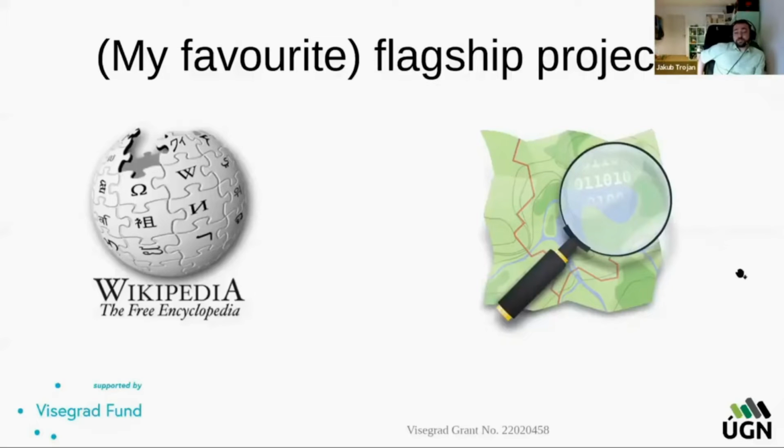It's Wikipedia, I've already talked about it before, and OpenStreetMap, a free map of the world, which is being created by ordinary people, and which is being used in many scientific projects as a base map, but also as a tool for further research activities.